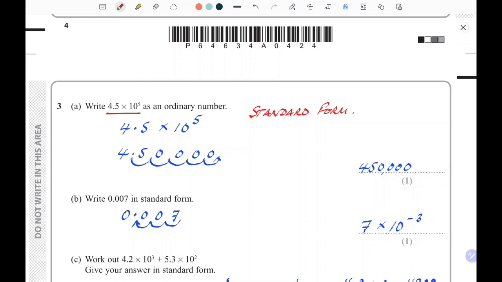So in order to make that into a normal number, we want to get rid of the 10 to the power 5. That means moving the decimal place 1, 2, 3, 4, 5 places to the right. Okay, and that gives us 450,000 as total.